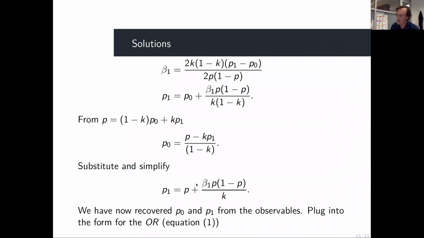This right-hand side here is just a function of K, P, and beta 1, the things we know from summary statistics, so we can reconstruct P1. Then I can plug it in here and reconstruct P0, and then I have all the information I need to plug it back into that odds ratio in equation 1 from the slides earlier.